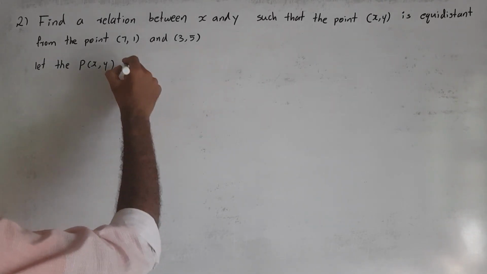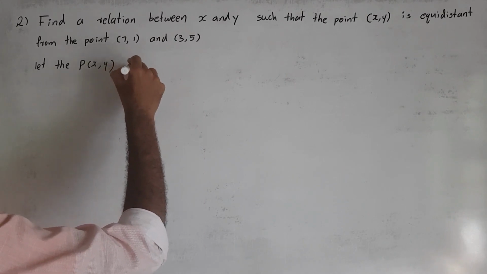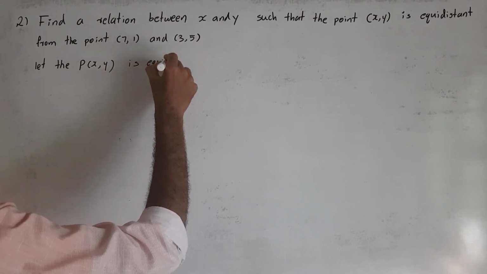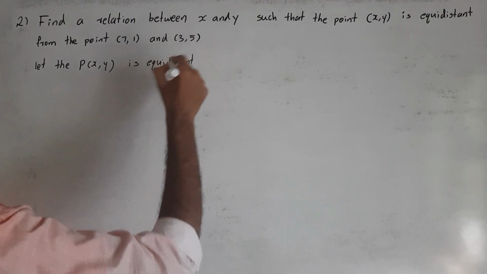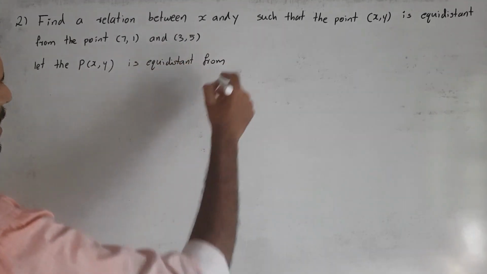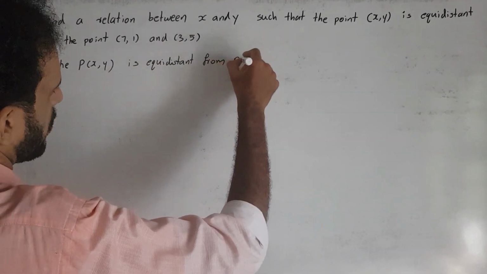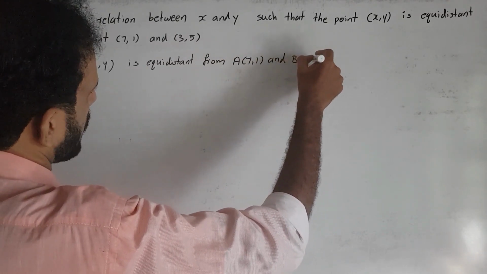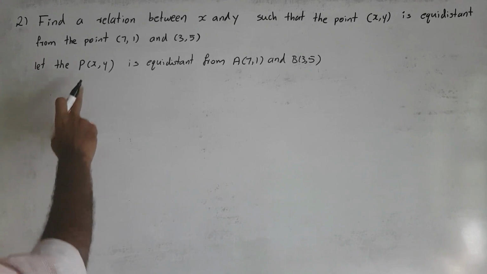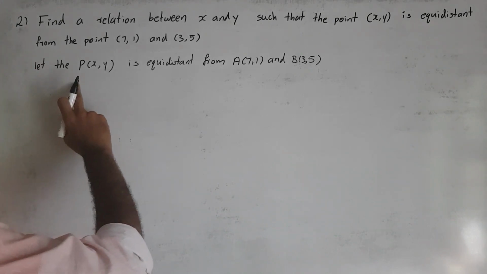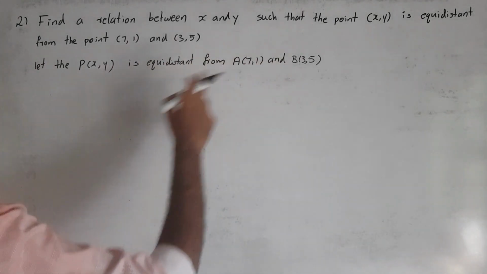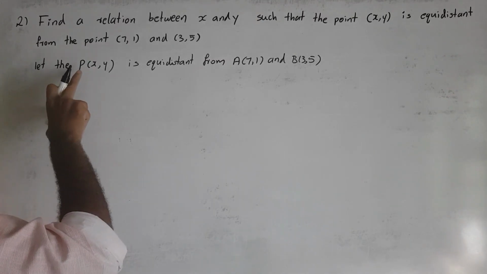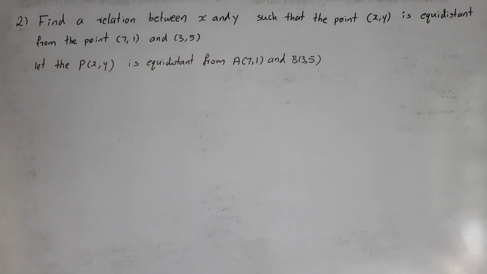Let the point be P(x, y). P(x, y) is equidistant from A(7, 1) and B(3, 5). Okay, it is given that the point P is at equal distance from A and B. Then how do we denote the distance from P to A?